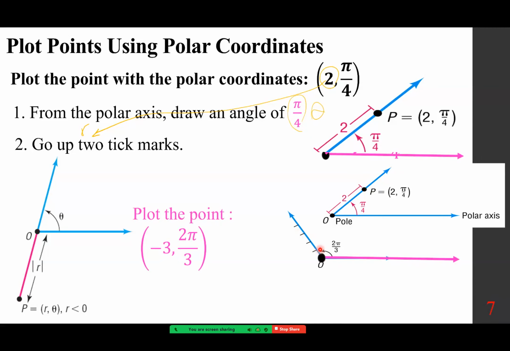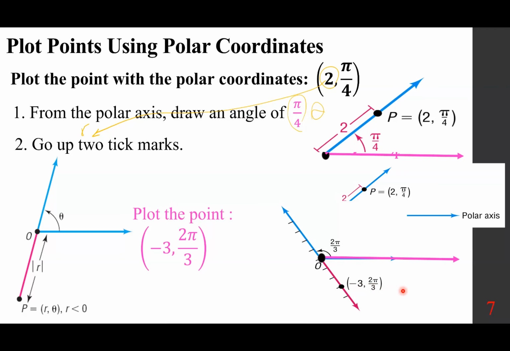But it's negative, so in the opposite direction we go three tick marks. And that makes negative 3, 2 pi over 3. So it's pretty straightforward.